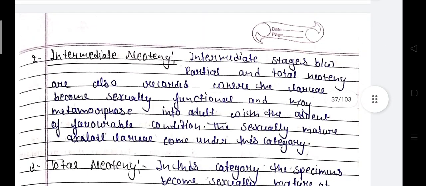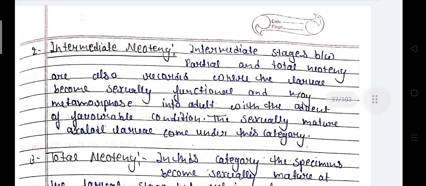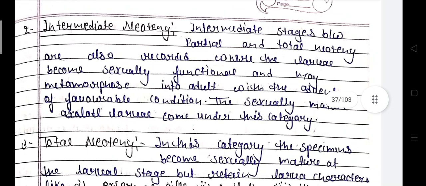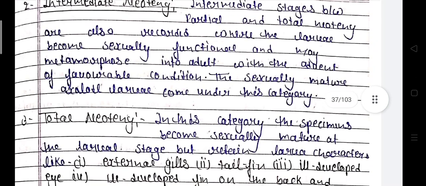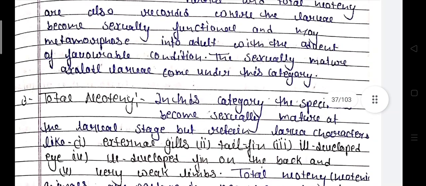Intermediate neoteny: stages between partial and total neoteny are also recorded, when the larva becomes sexually functional and may metamorphose into the adult with an abundance of favorable conditions. The sexually mature axolotl larva comes under this category.